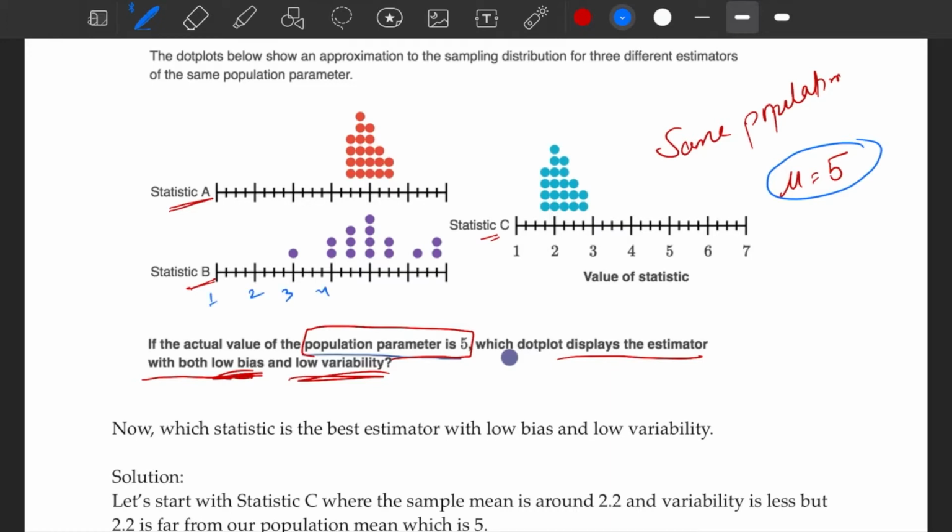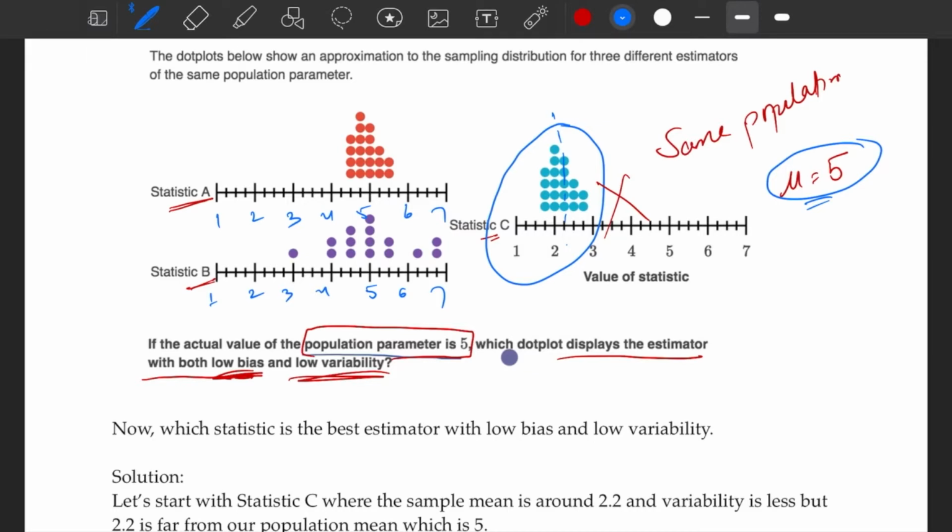Now here we have 1, 2, 3, 4, 5, 6, 7. If you take the example of statistic C, the mean will be somewhere here, which is way lesser than our population mean. That means C cannot be a good representative of the population.